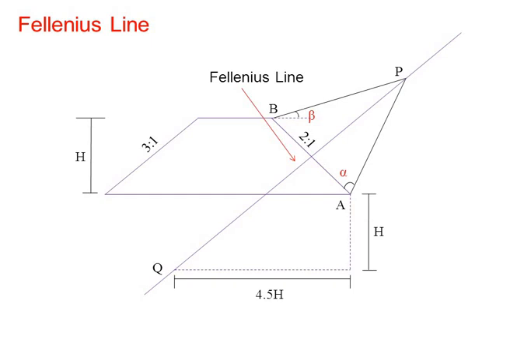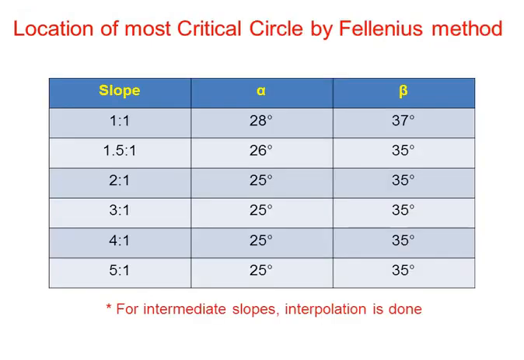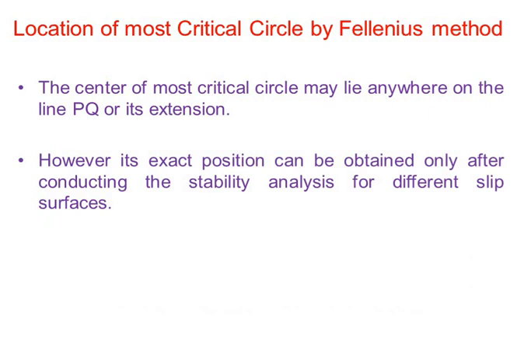Here h is the total height of the dam. After joining points P and Q, the Fellenius line is obtained. The center of the most critical circle may lie anywhere on the line PQ or its extension. This line is called the Fellenius line.